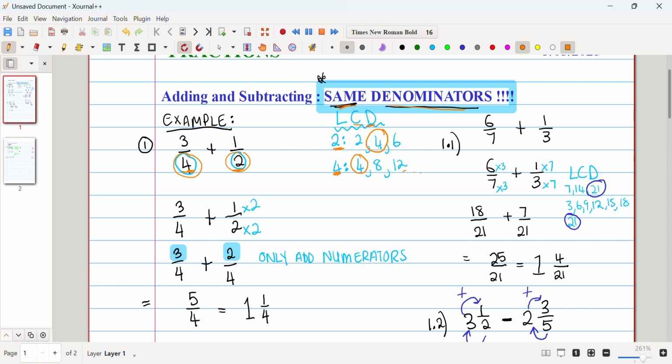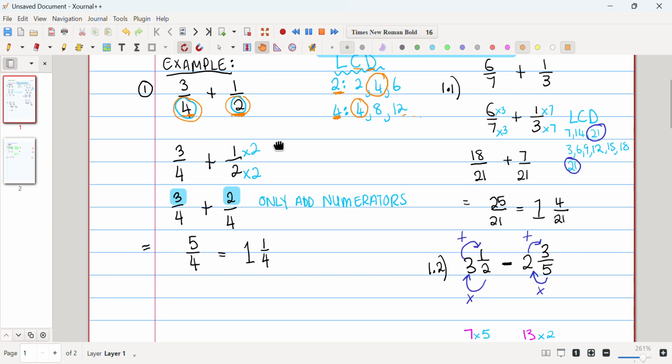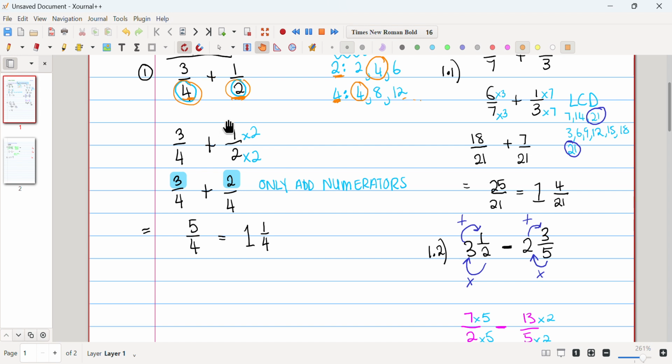So how are we going to do that? Well, if you look here, 3 over 4, 4 is already present. So I just need to change the 2 to make it a 4. So why don't we do that together? Let's look at our next step over here. So my step over here, you can see that, just give me a second. Okay, you can see that I've left my 3 over 4 the way it is, plus a half, and then this is what I am doing in order to make my 2 a 4, okay?